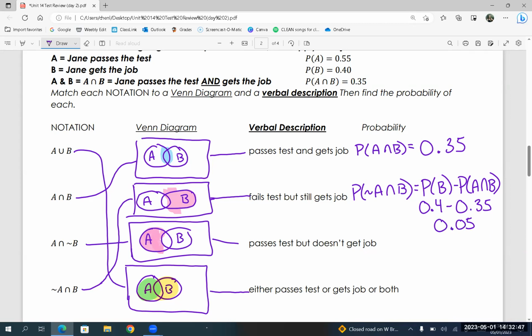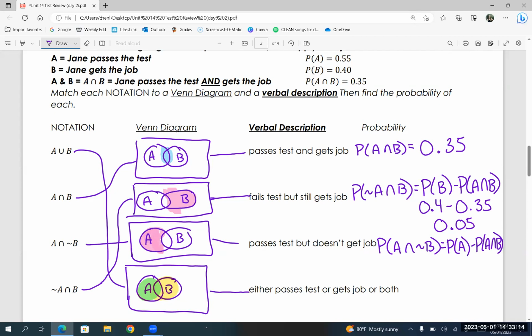Okay, the next scenario, passes test but doesn't get the job. So that was our probability of A and not B. I can think about it the same way. I can take the entire circle A and subtract out the intersection where B gets in there. So this would be the probability of A minus the probability of A and B, because we don't know the exact breakdown of all of these.